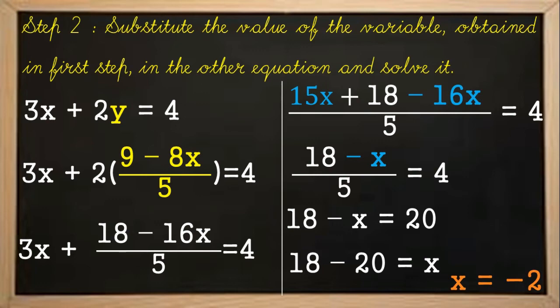Let me repeat, children. In the first step, we considered equation 1 and the equation was equated to y in terms of x. In the second step, we have taken the second equation and in the place of y, the value is substituted in terms of x, and after simplification, we got the value of x.